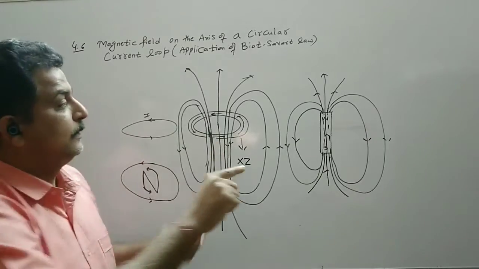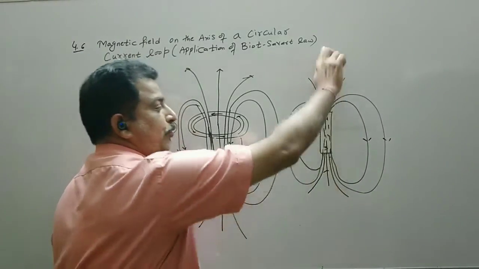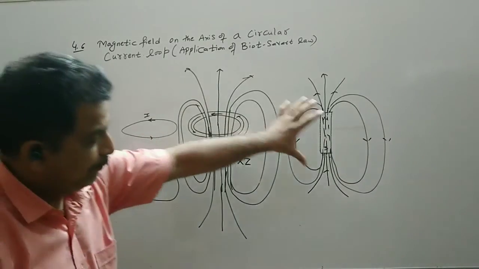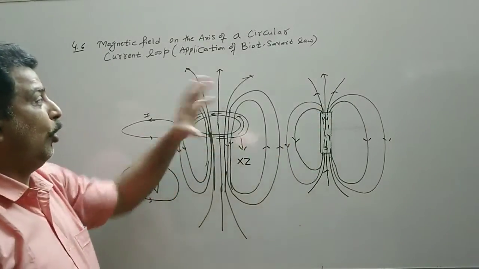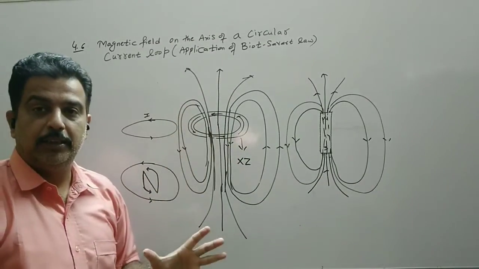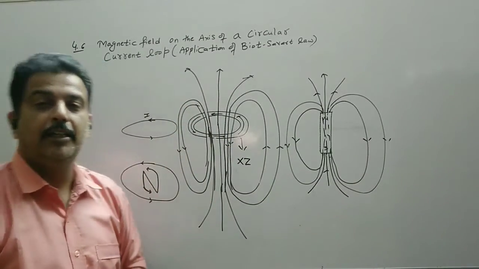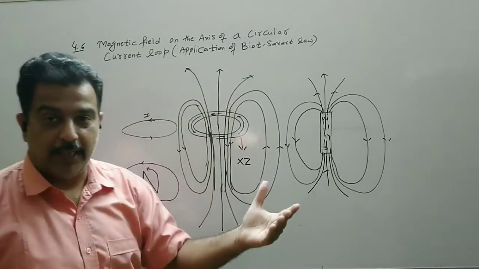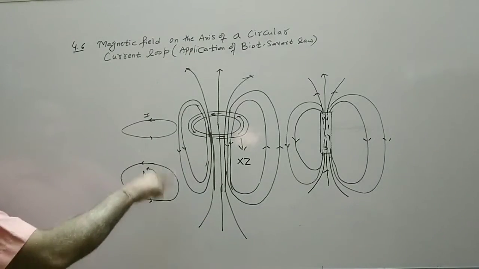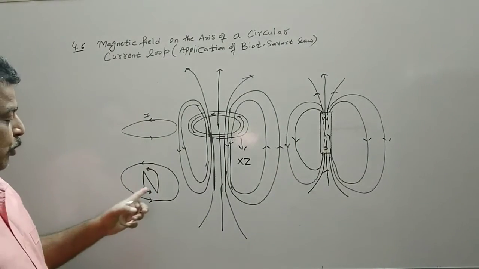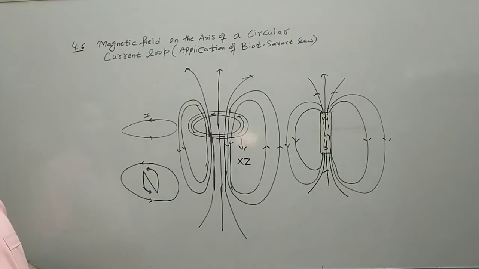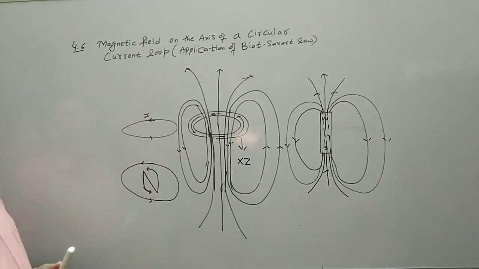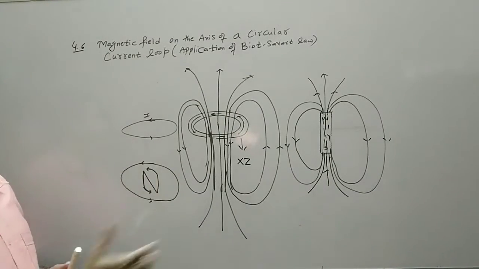But along the axis of a bar magnet, the field line is straight. So if you have a bar magnet or a ring carrying current, the magnetic field intensity will remain the same. We will connect these two topics in the next lecture. So if the current is flowing anti-clockwise, immediately remember that this side will behave like a north pole.